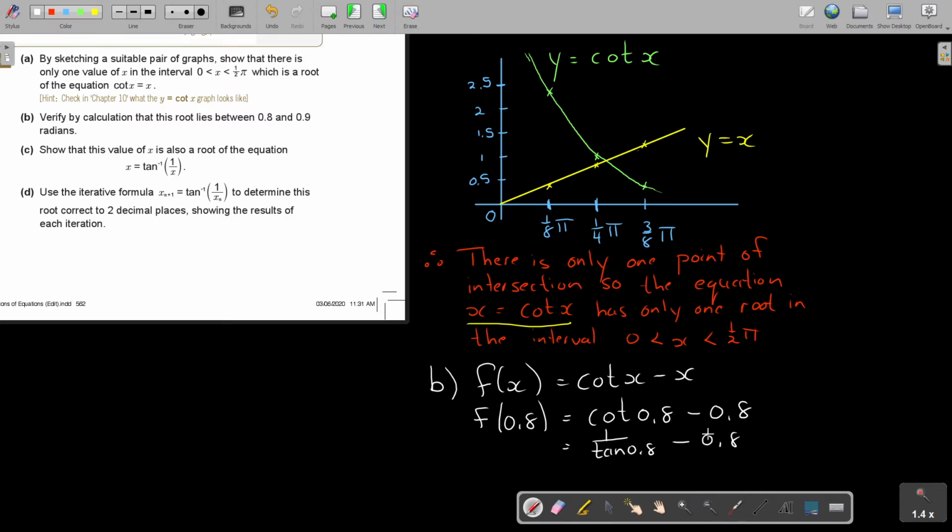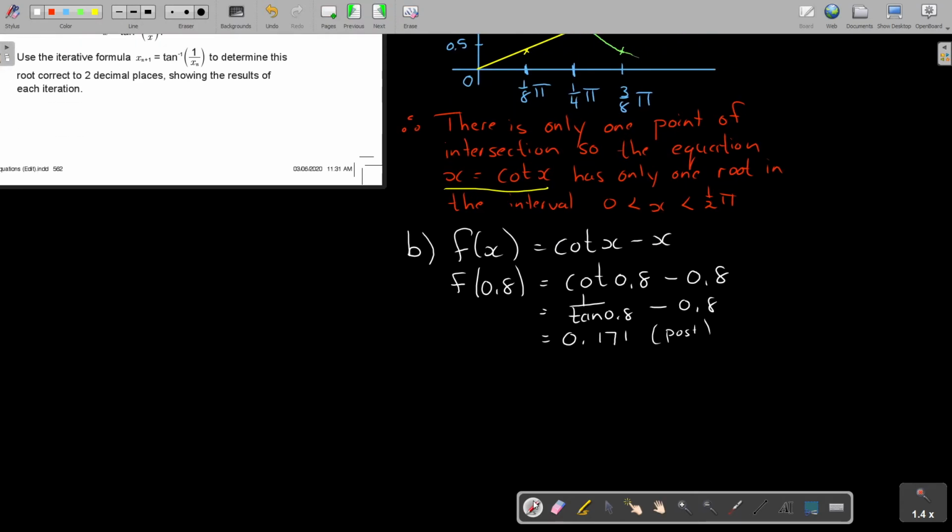And I get 0.171. Just take note, it's positive. Okay, and then I do the same. I say f, and now I go for 0.9. And that's cot 0.9 minus 0.9. And remember, it's again 1 over tan 0.9 minus 0.9.